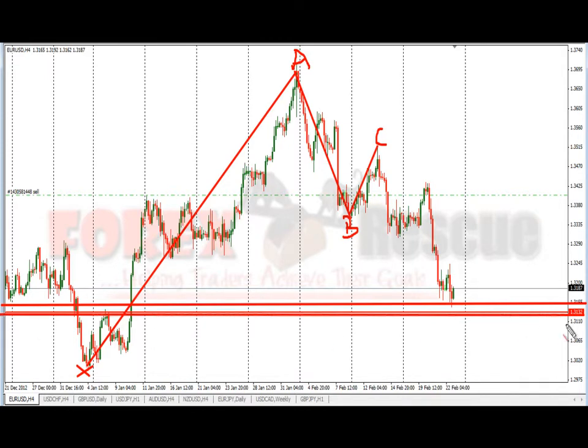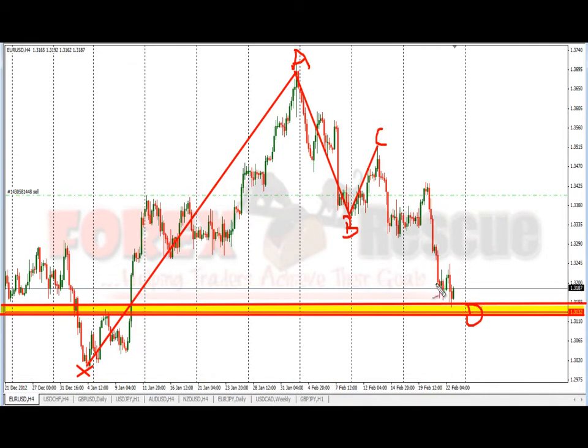So if you take note, this our major area of support that we spotted on the weekly time frame is within our potential reversal zone. This area painted in yellow is within our potential reversal zone. So this area, like I said earlier, is what we call our point D.